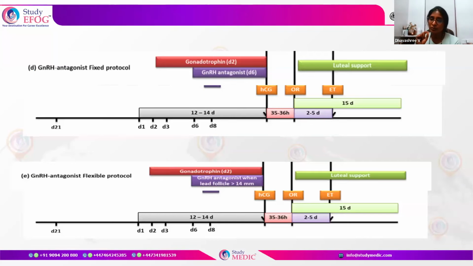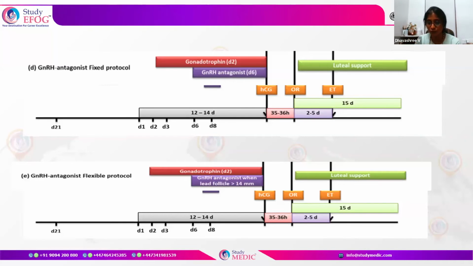Nowadays we run clinics as zero OHSS clinics. We don't want OHSS because it is something which is iatrogenic. It's always good to avoid HCG and give an agonist trigger in an antagonist cycle to prevent OHSS.